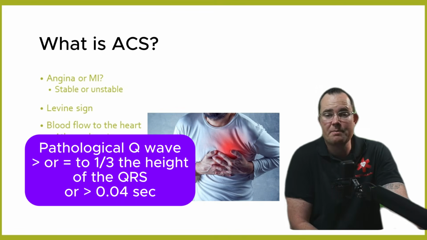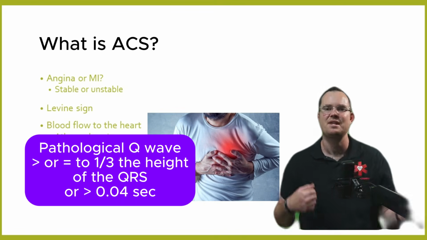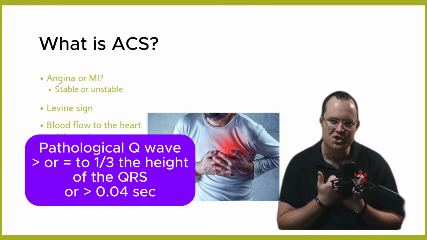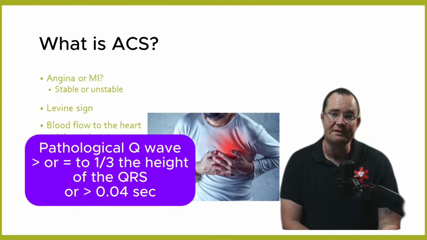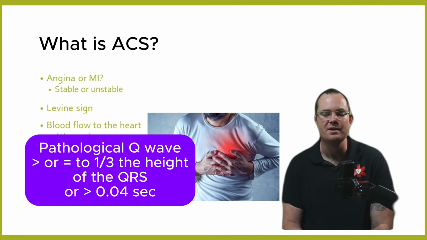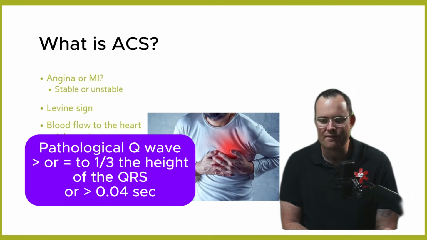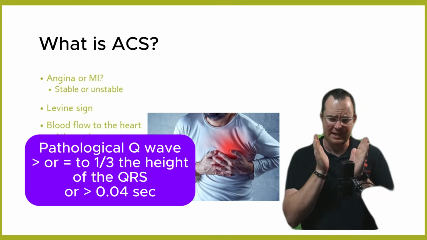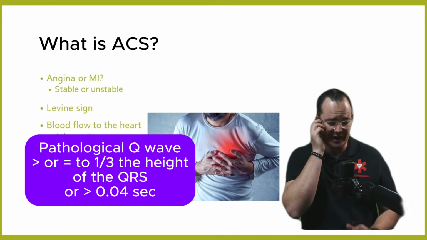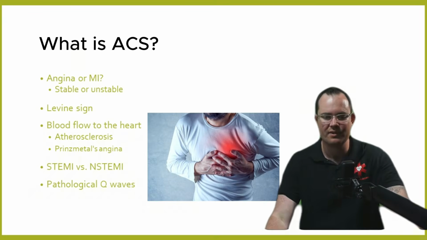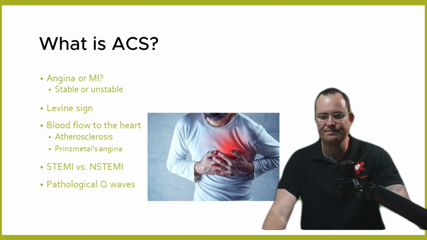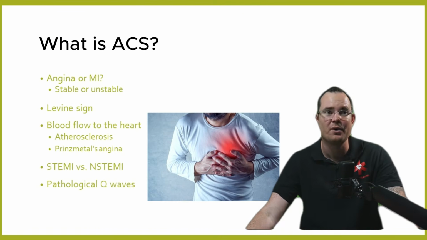Another way to determine a pathological Q wave is to see the width or duration of the Q wave. The Q wave must be wider than 0.04 seconds, bigger than one little block, and it's just a much wider looking Q wave. That's classic for a pathological Q wave. Now, you might be wondering, Mike, what the hell is a pathological Q wave?